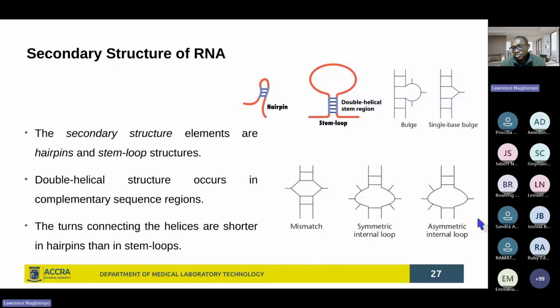That can be any number. It can be 3 against 2, 4 against 1, 4 against 3. Once they are not equal, it's going to be an asymmetric internal loop. So you can have these different forms of secondary structure of RNA.